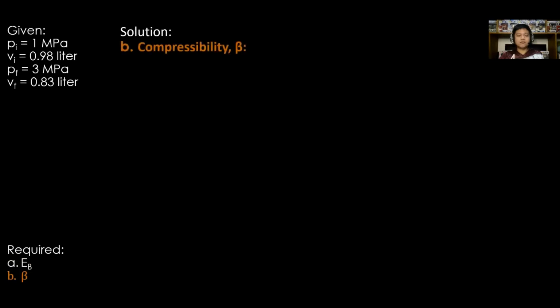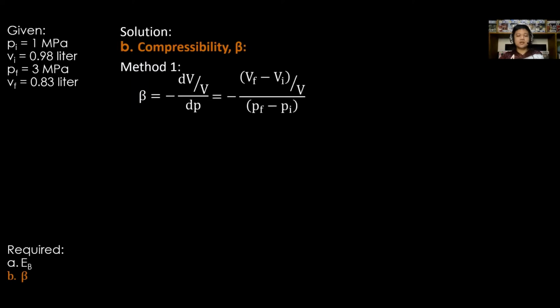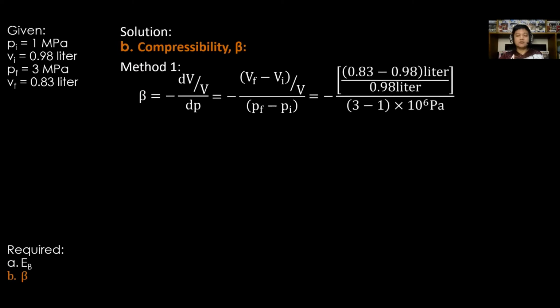On the other hand, for compressibility, let us consider two methods. The first method is the standard formula, that is beta is equal to negative dV over V over dP. Again, consider the difference of final and initial. It is now equal to negative, the quantity 0.83 minus 0.98 in liter over 0.98 liter, over PF, that is 3, minus PI, that is 1.